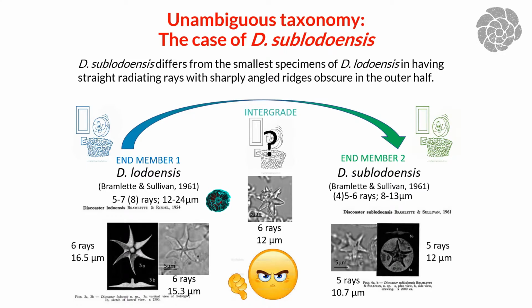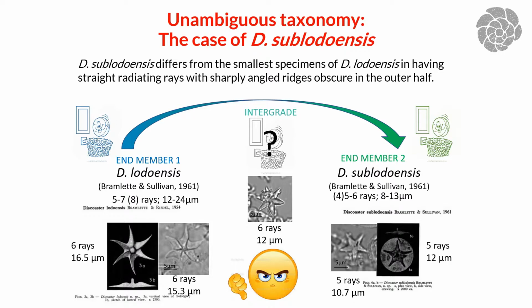So you can see that for lodoensis, it can vary in terms of rays in this kind of feature in this cluster from 5 to 8, rarely 8 rays, and they could vary a lot in terms of size, so from 12 to 24.